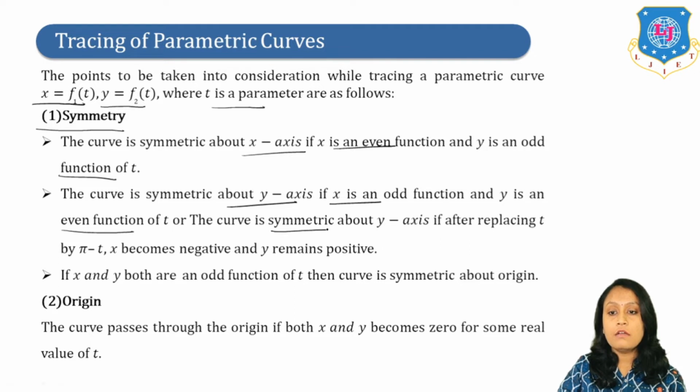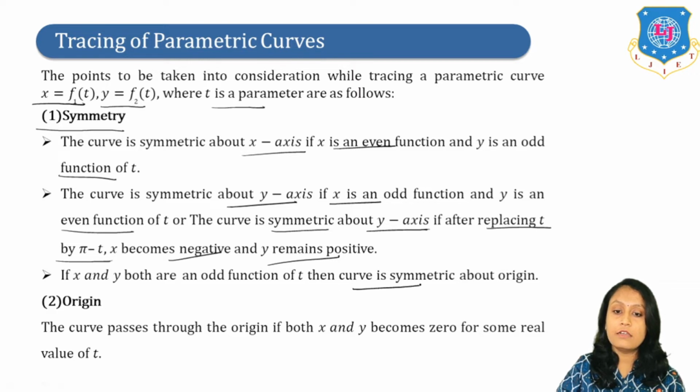Or the curve is symmetric about the y-axis if after replacing t by pi minus t, x becomes negative and y remains positive. So for symmetry about the y-axis we have two conditions. And if x and y both are odd functions of t, then we can say that the curve is symmetric about the origin.